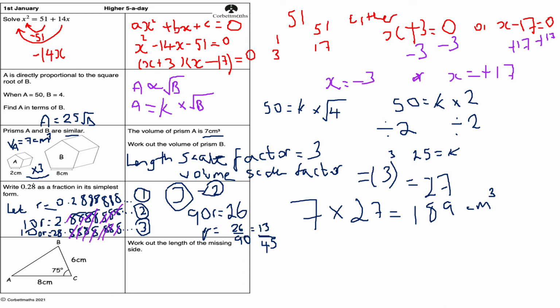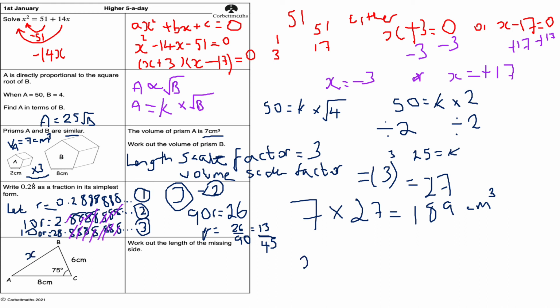Question number 5, guys. Work out the length of the missing side. So I've got to work out the length of AB. I've got a length and an angle. I can use what I call the cosine rule. The cosine rule states that if I have two sides and the corresponding angle in between them, then I can use it to work out the remaining side, which I'm going to call x.